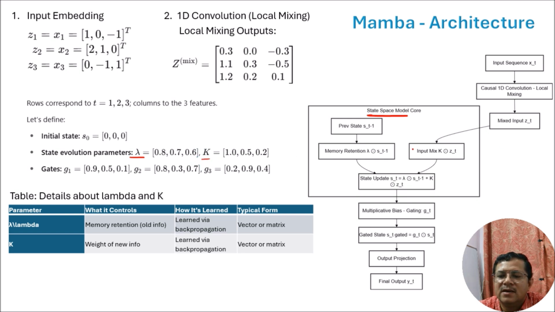Both vectors are learnable, and we already explained that lambda controls the memory retention, meaning old information, and k adds the new weights. It is learned by backpropagation. Both can be a vector or a matrix based on your data set. So you got the nature of lambda and k.